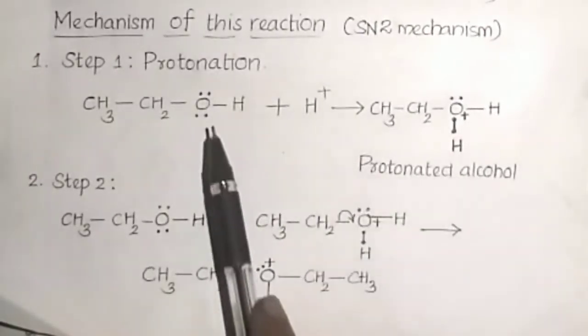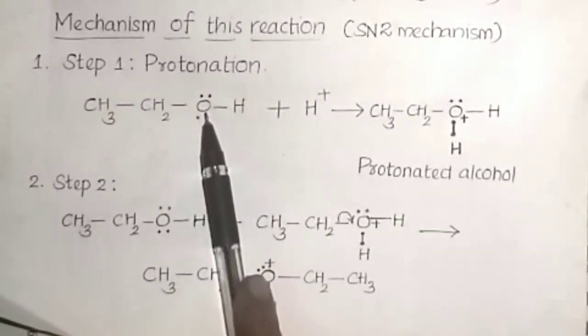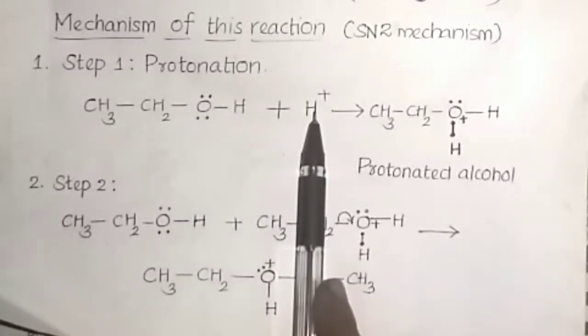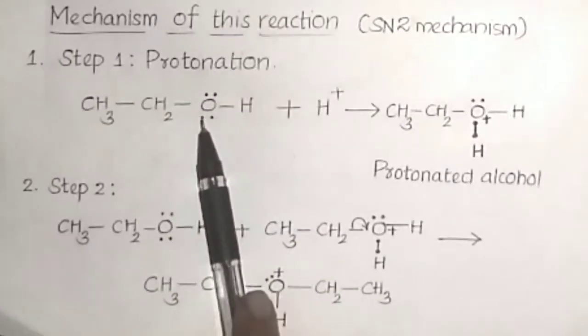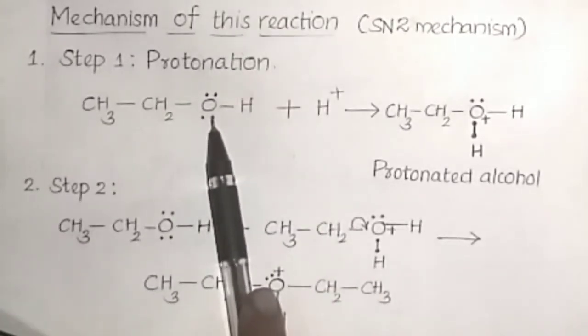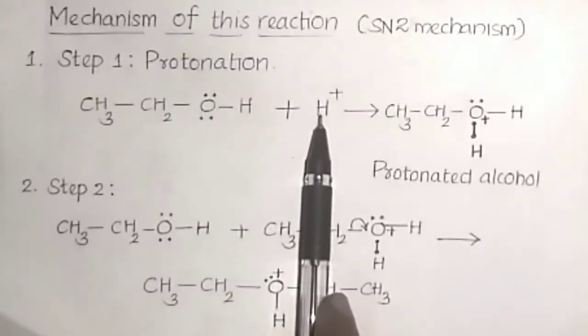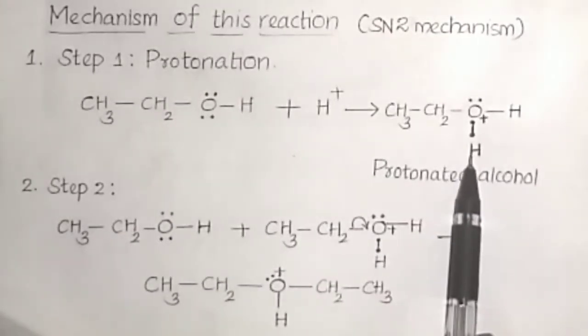Listen here. This oxygen is the electron rich center. Then this H plus is attracted towards it. One lone pair of electrons becomes a bond pair and accepts that H plus ion.